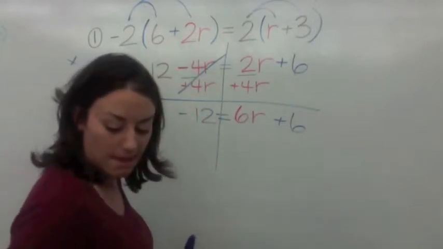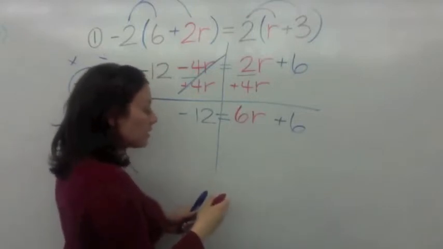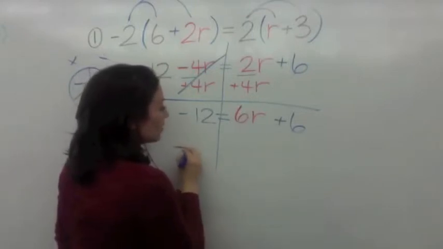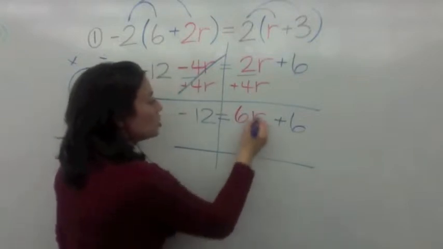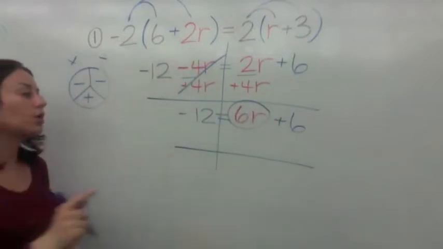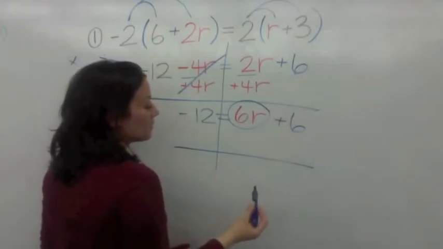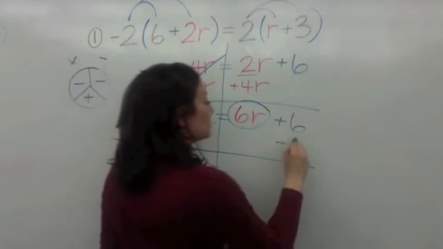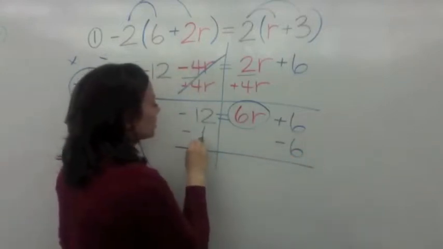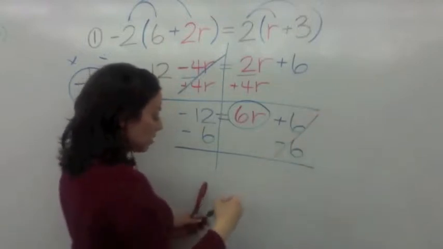Great. Now you can solve this equation by making your second T. Circle 6r. Look at what's next to it. It's a positive 6. What is the opposite of positive 6? It's negative 6. So subtract 6 from both sides. A positive 6 and a negative 6 make 0.